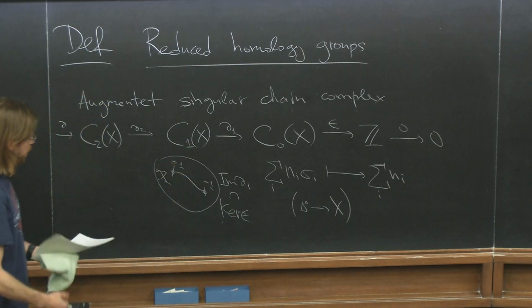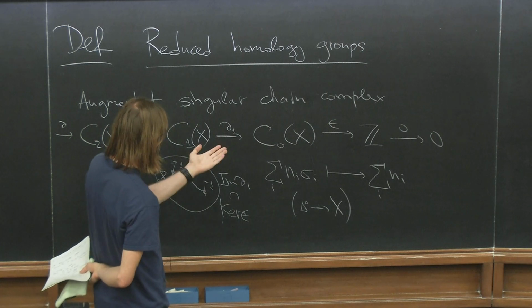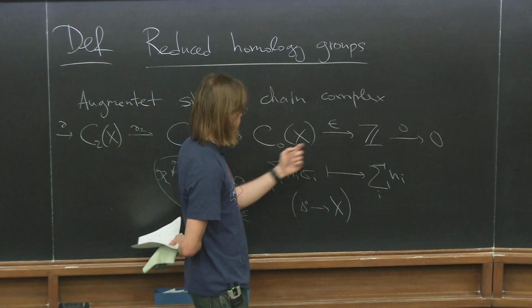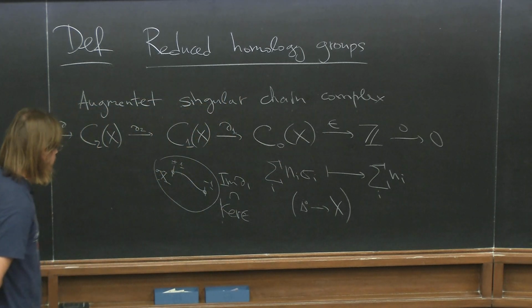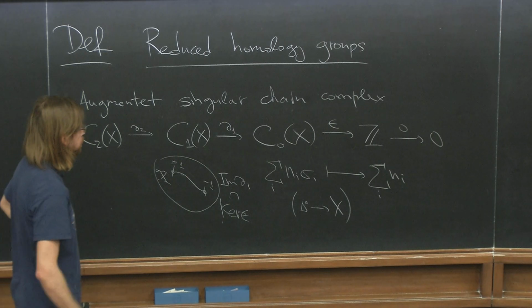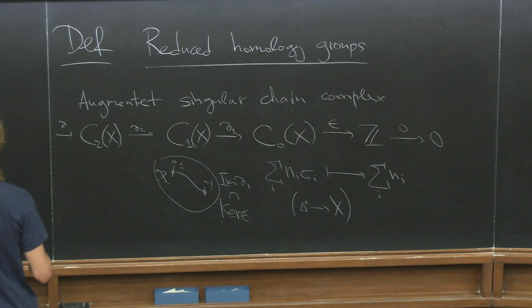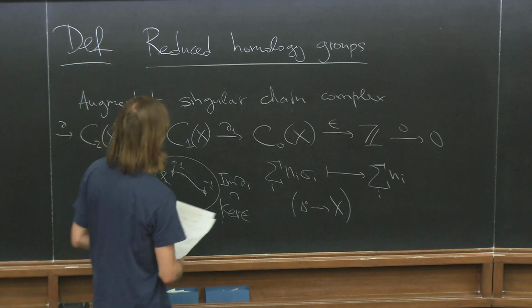Therefore, as for a general chain complex, one can consider the corresponding homology groups, defining the nth homology as a quotient of the kernel over the image. Let me write it here.